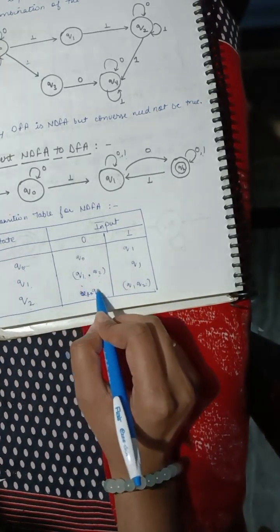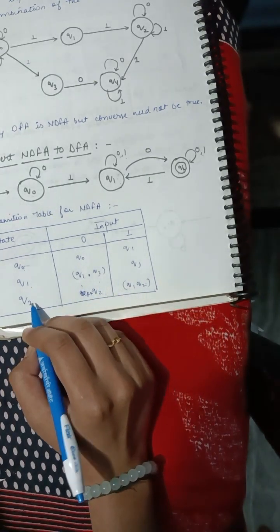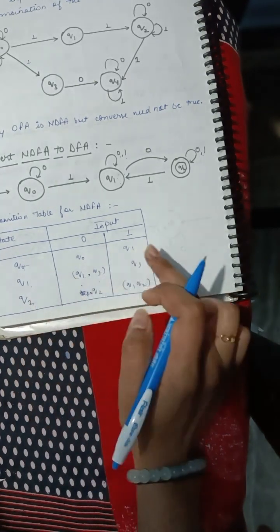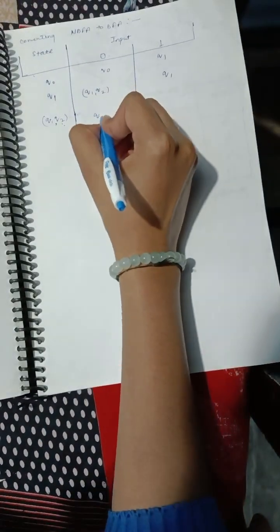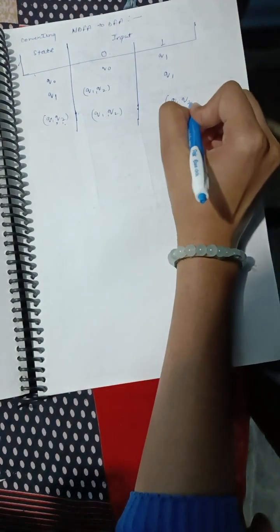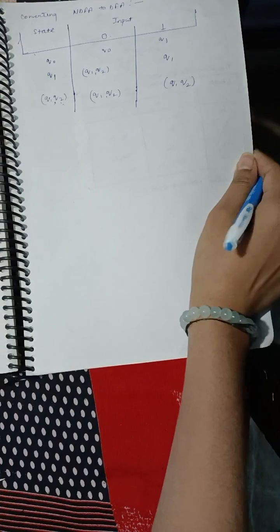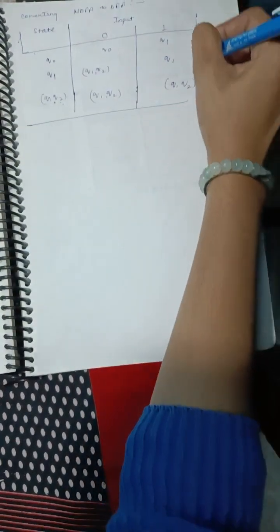So the overall value will be Q1 comma Q2 itself. And the value for Q1 comma Q2 at 1 will be Q1, Q1 Q2, that is Q1 comma Q2. So here it is Q1 comma Q2, and here also Q1 comma Q2. This is our final state.